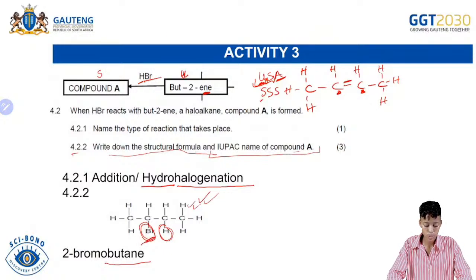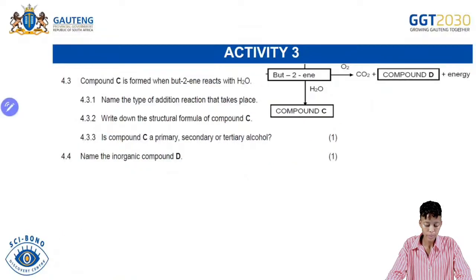We have a bromo. So you would write it as 2-bromobutane. Why? Because we count 1, 2, 3, 4 carbons. So 2-bromobutane would be the name of the compound there.